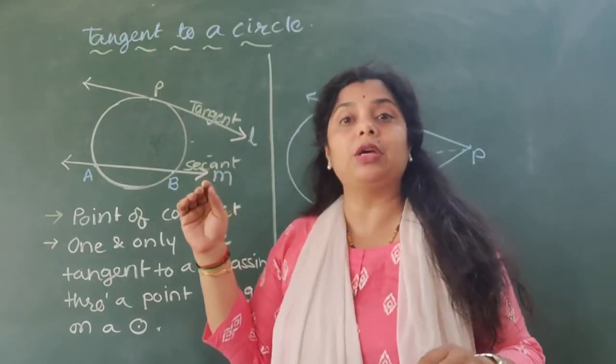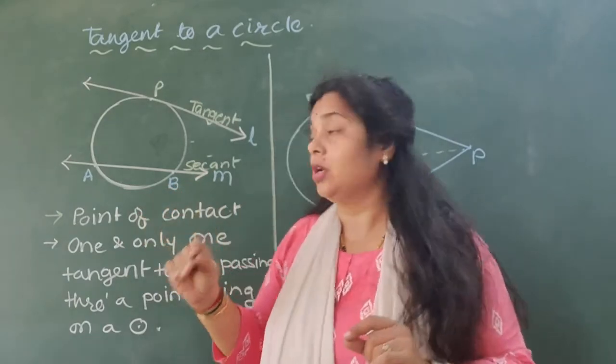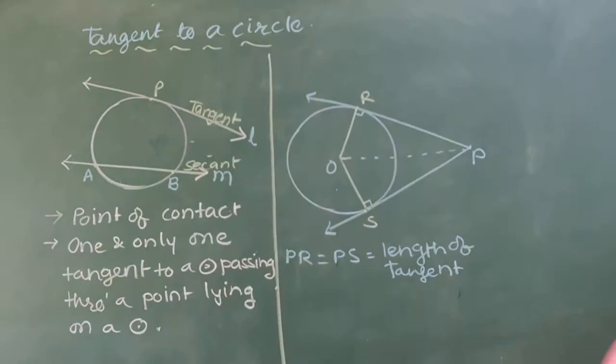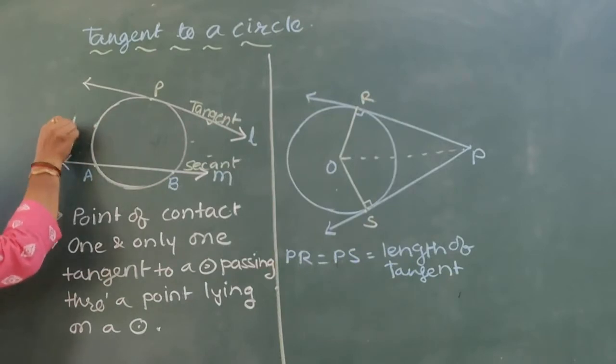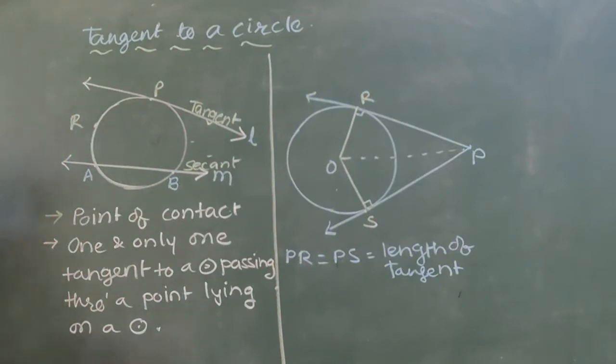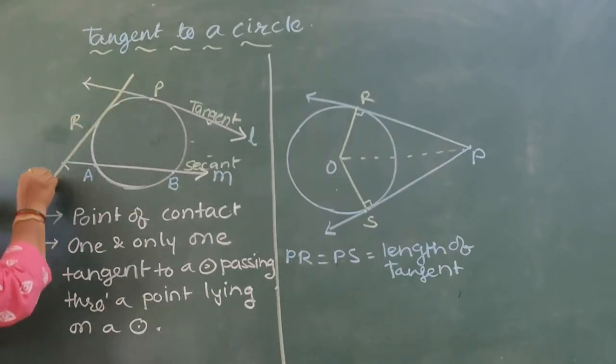Here I am talking about the points lying on the circle. For example, let's take one point R here, and we want to draw a tangent through R. We can do it like this.